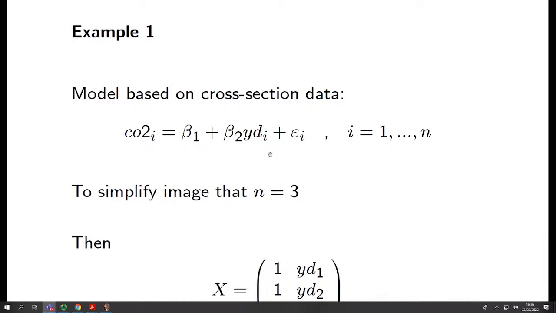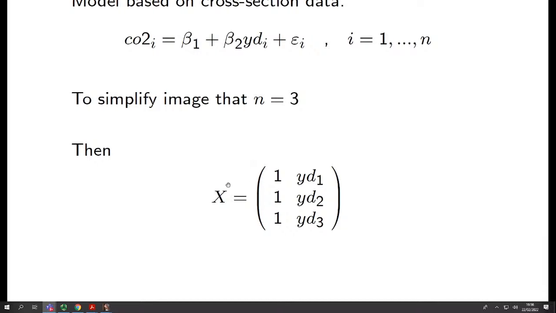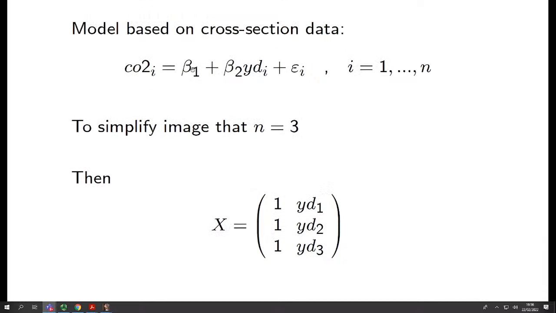In order to simplify, I don't have 11,700 households now, but let me just take 3. So I write the X matrix: the first regressor is the constant, so 1, 1, 1. The second regressor is the disposable income of household 1, household 2, and household 3. Very simple to write X.